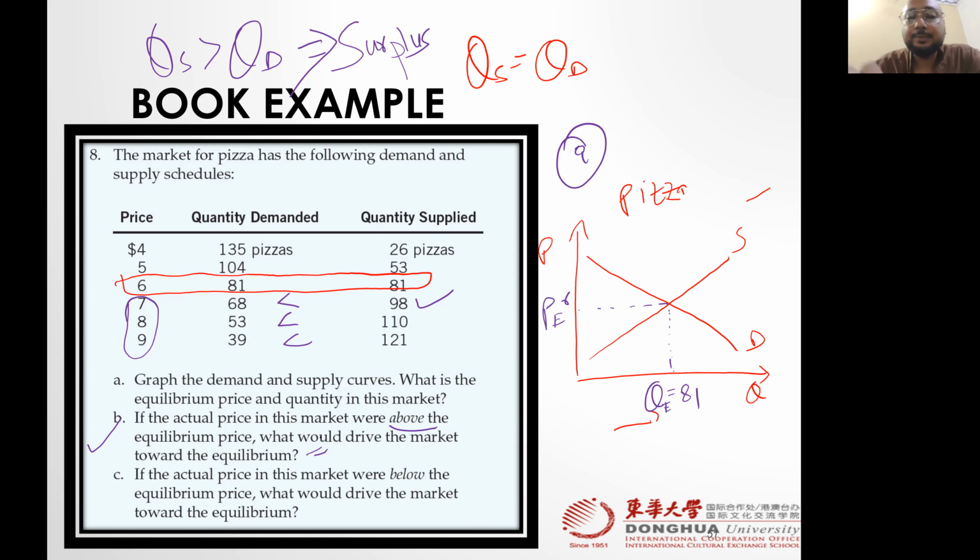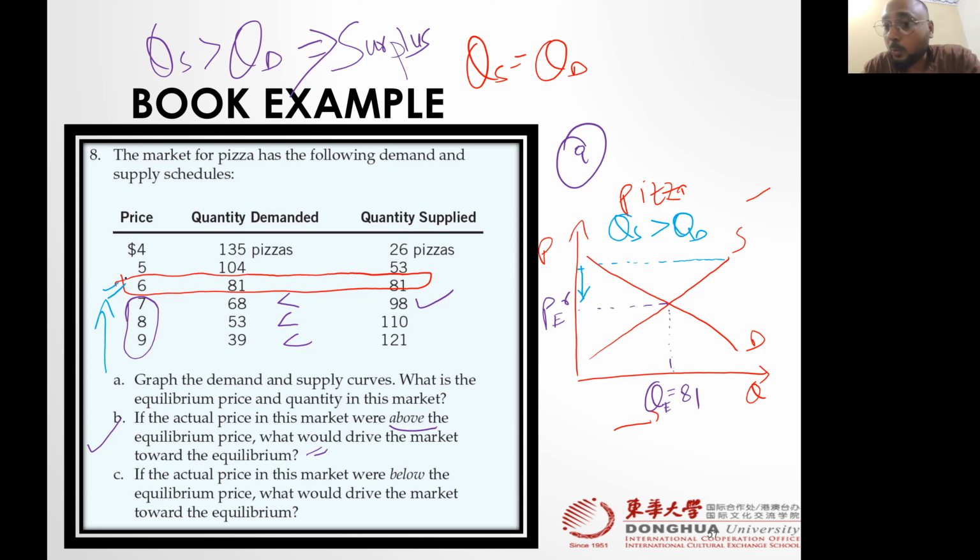So what happened after that? If the price is above the equilibrium price, here, let me change the color. Supply is greater than demand. Eventually everything goes back to equilibrium. You can derive from the market that the price in future will go back to equilibrium.